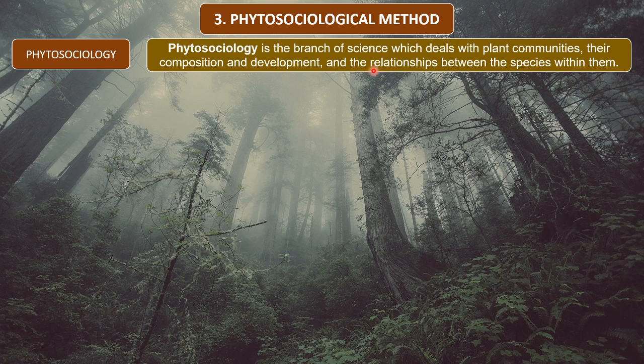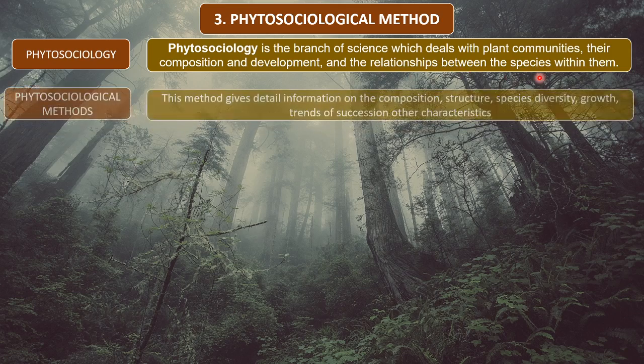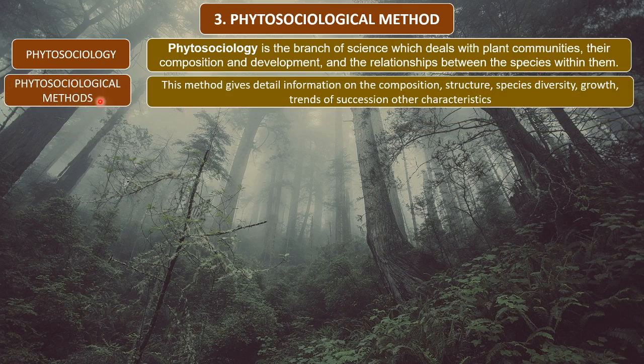So this is a branch of science which deals with plant communities, what its composition and development is, and how it is related to all the species. So that is phytosociology. And therefore phytosociological methods give us detailed information on the composition, structure, species diversity, growth, trends of succession, and other characteristics.